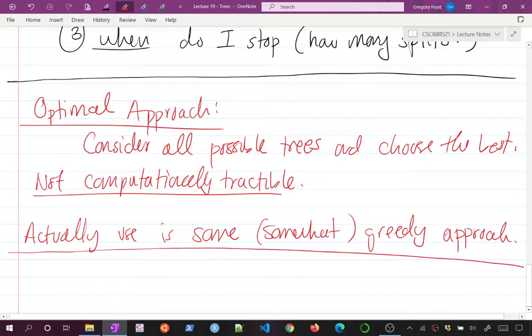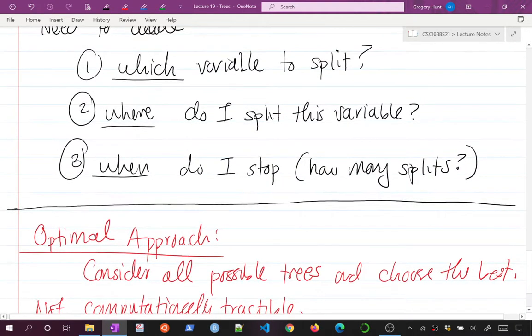So we need to determine the first two questions first, which is basically how do we even get this procedure up and running? How do I choose which variable I should split on when making my rectangles? And how do I choose where to make that split?